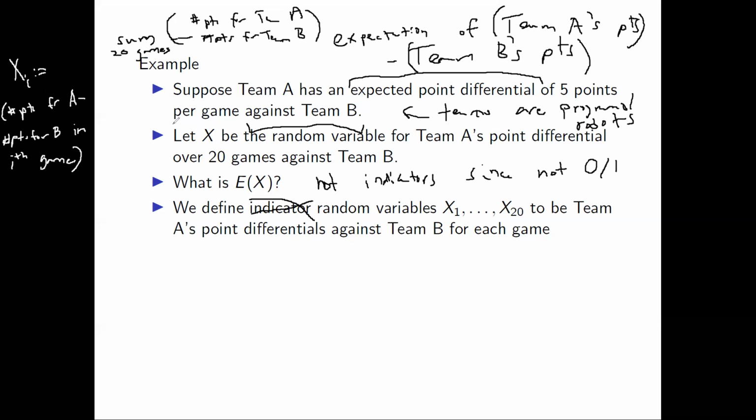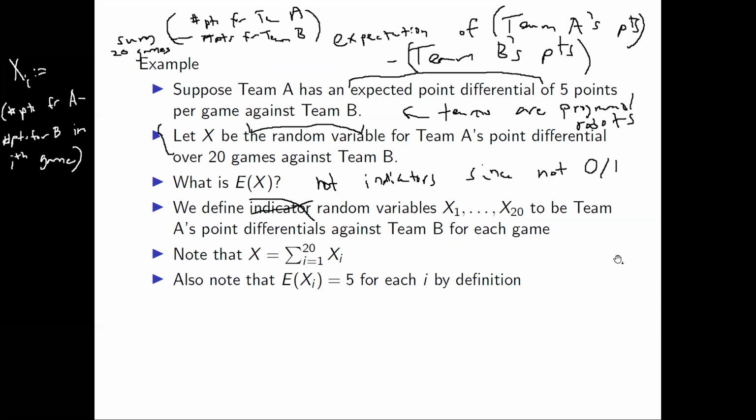And this random variable we defined up here, the random variable x, is just going to be the total point differential over the 20 games. So it's going to be the sum of the point differentials over each of the single games. So we can write it, as on the last slide, as x equals the sum from i equals 1 to 20 of xi.